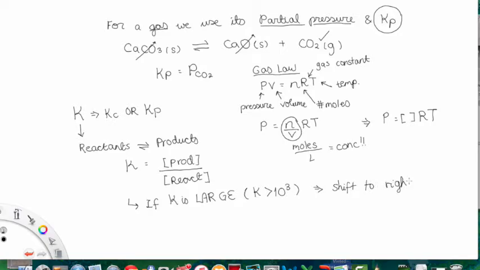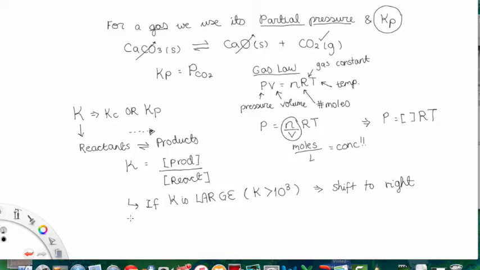The reason is the relationship between the products and the reactants concentration based upon this ratio. If the value of K is very large, that probably means the concentration of the products is very large. The equilibrium favors this formation, and so it's shifted to the right.